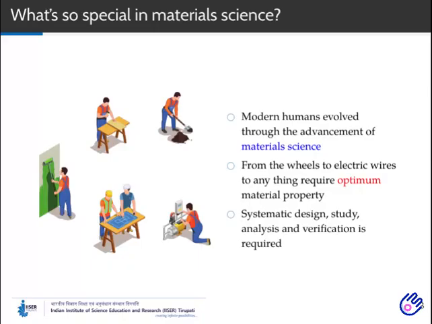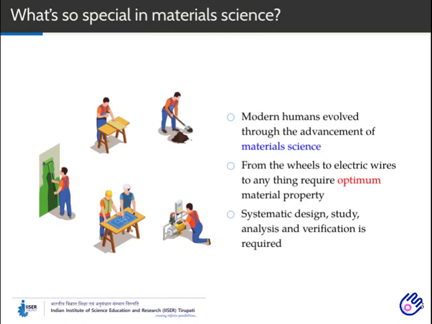We know how important science and technology are in our lives, but most of us don't bother about the key ingredient in science and technology, which is nothing but materials. Just take any material. For example, look at the tire of your vehicle. You know it is made up of rubber, but can we simply use rubber to fabricate the tire? No. It requires processing and validation before it is incorporated into any vehicle.